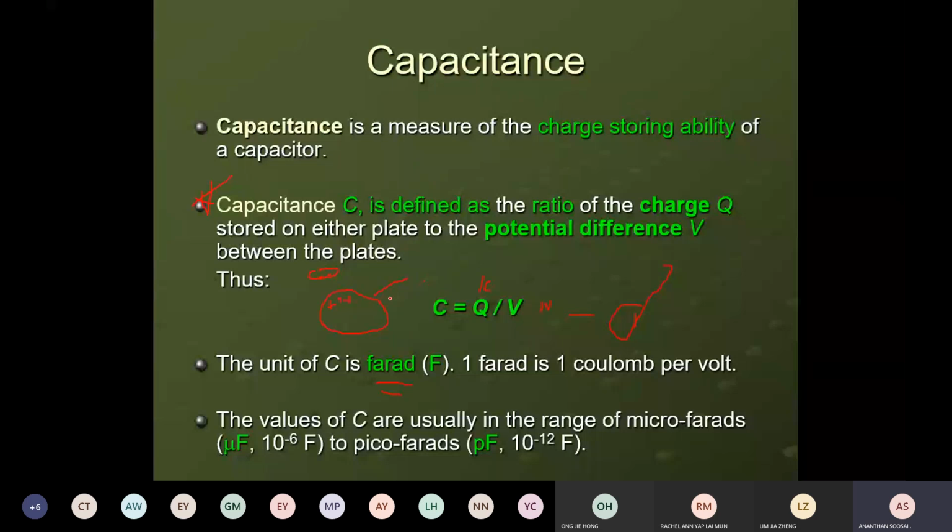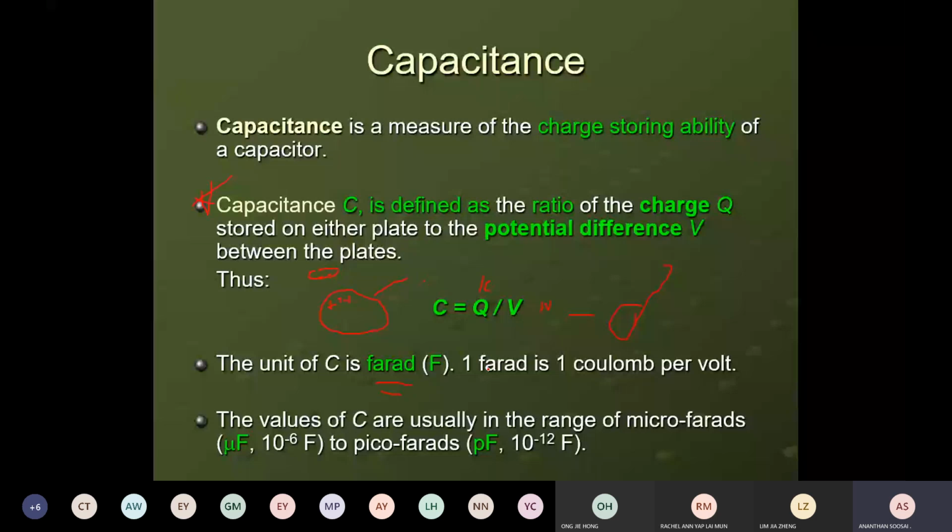Even the Earth, so big, is a capacitor, yet its capacitance is not even 1 farad. Maybe some 800 microfarad. You can check on the net, but definitely not 1 farad. Why I'm telling you this is that the farad is a very big unit.